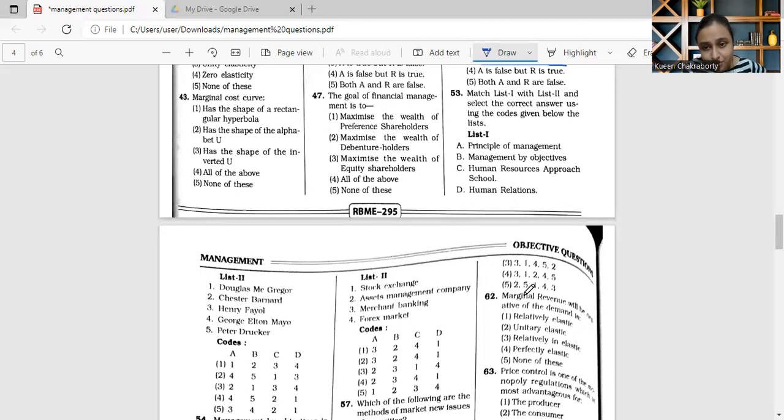List 1 has: A, principles of management; B, management by objectives; C, human resource approach school; and D, human relations. In list 2, we have Douglas McGregor, Chester Barnard, Henri Fayol, George Mayo, Peter Drucker, right? And we have a series of codes given to us.